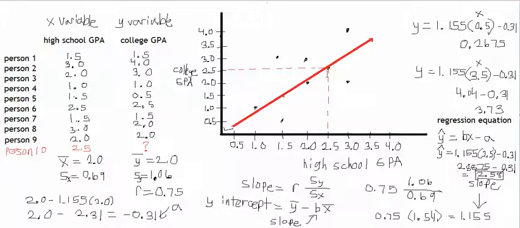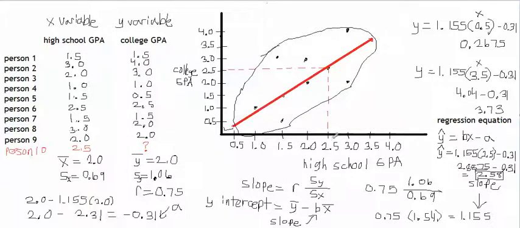And it kind of makes sense that this would be the prediction, because according to our correlation, or according to the way the dots are rising from left to right, it does look like the typical person with a high school GPA of 2.5 would end up with a college GPA of about 2.5. If we look at the cloud of dots, you can draw a circle around the dots.